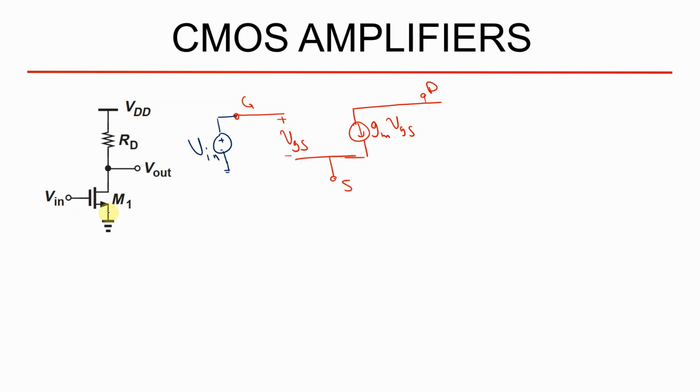So what is source? Source is connected to the ground. And how about the drain? Drain is the output voltage, Vout, and drain is connected to RD. This is RD, and after that it is connected to VDD, and this is VDD.